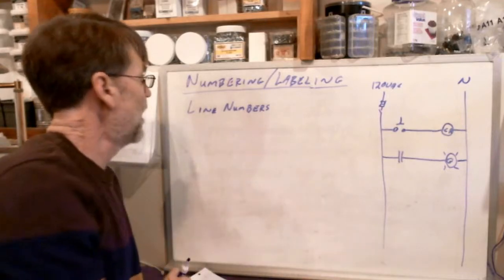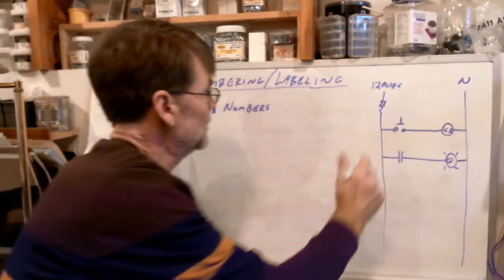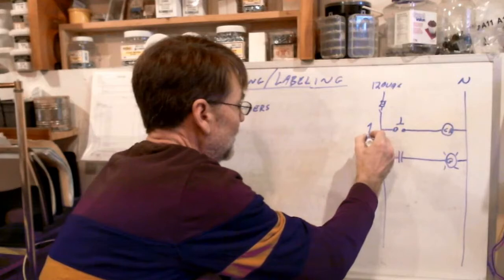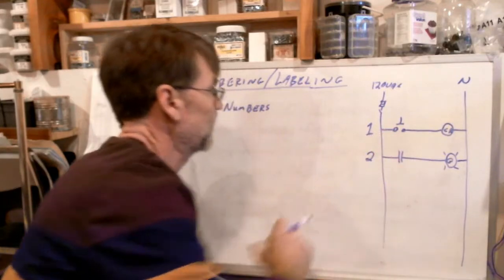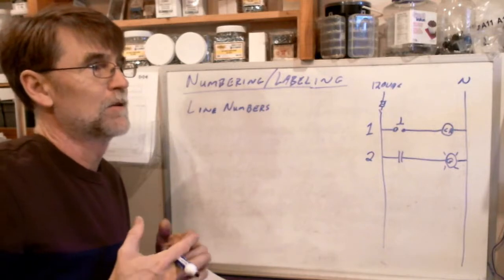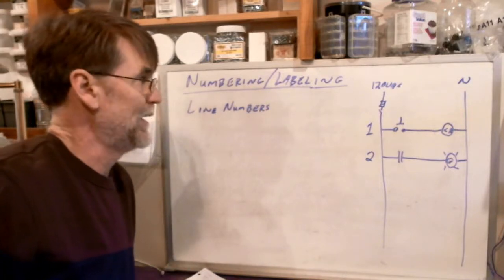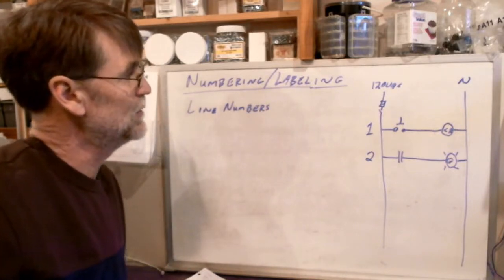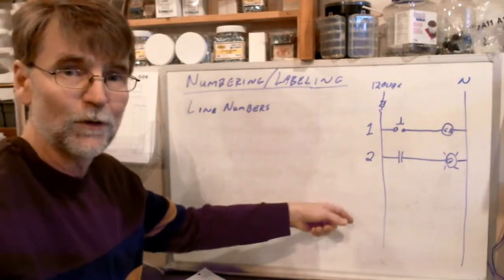So the first thing we need are line numbers. We start at the beginning. 1 is 1, 2 is 2. There are lots of different rules that you might choose to follow. Typically, you might see these labeled 10, 20, 30, 40, 50.